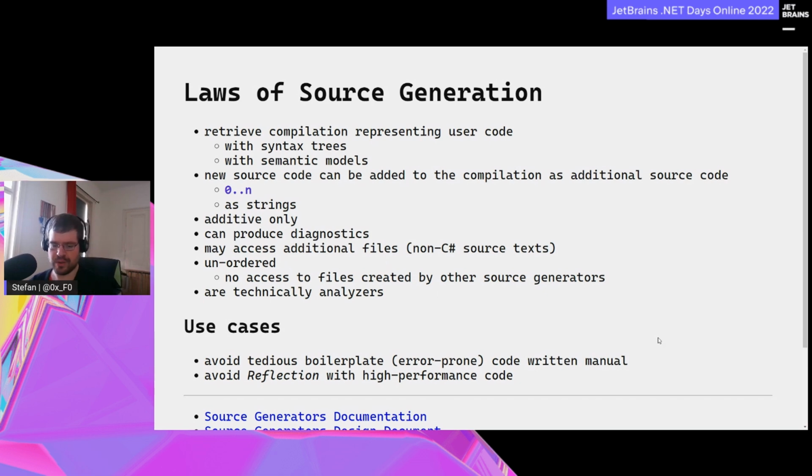And the two prevalent use cases for source generators are to avoid tedious implementation. So if you know ahead of time what you are going to implement, such as equality, which will be the example we'll have a look at soon, the source generator can do this automatically, and you don't have to do it by hand and potentially avoid making mistakes. And also, you can avoid reflection.